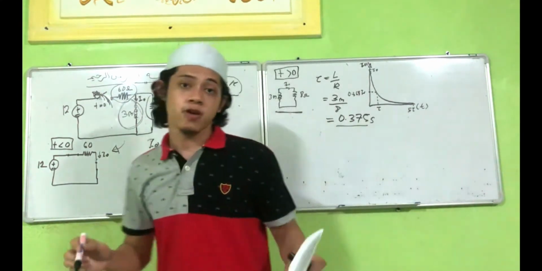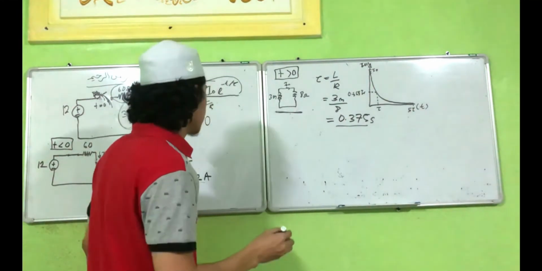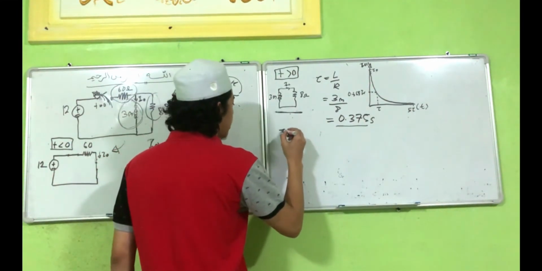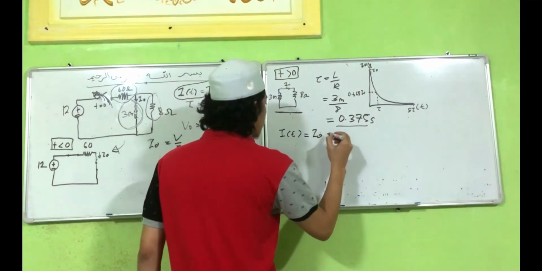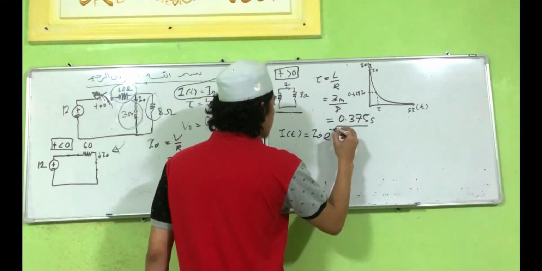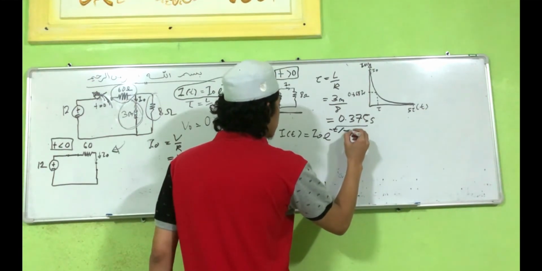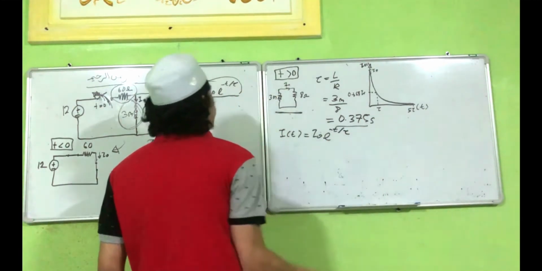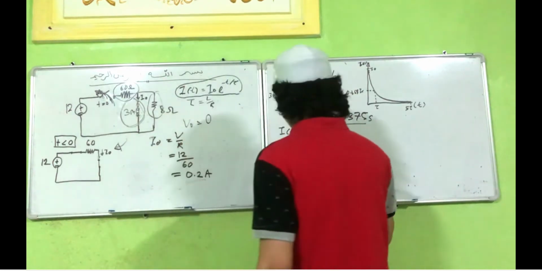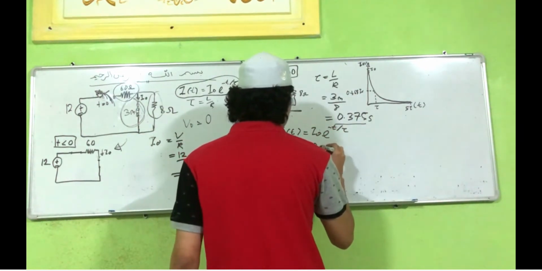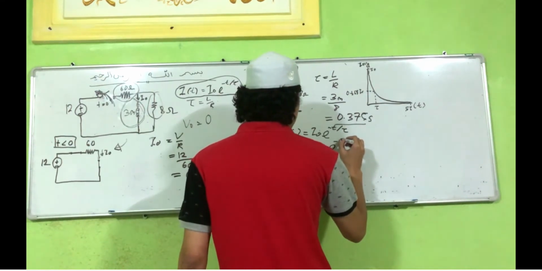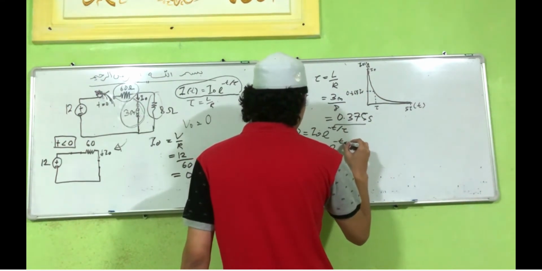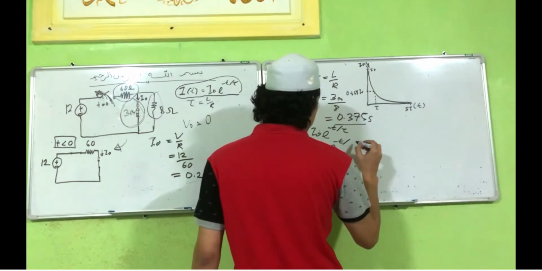The formula for the current is i(t) equal to I naught exponent negative t over tau. The value of I naught is 0.2, exponent negative t per tau.